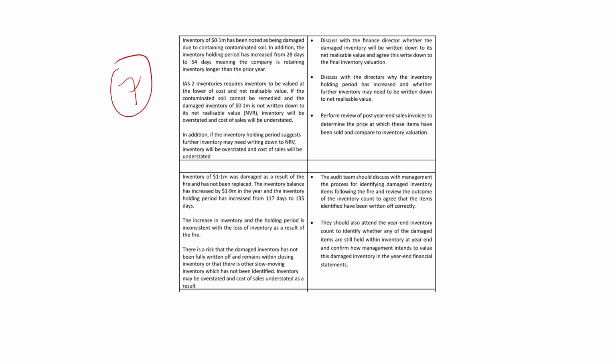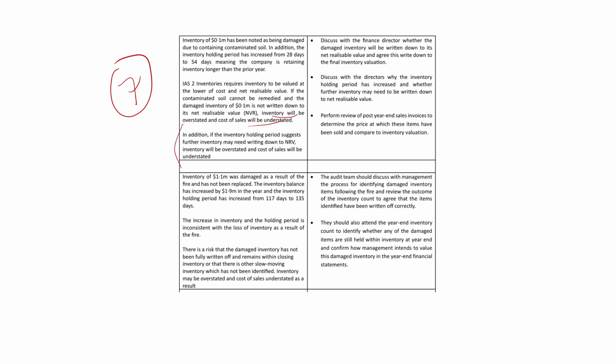In another example, this is again damaged inventory, and the holding period has gone up. So remember, with normal inventory, if you're keeping it for longer, there is a risk that your NRV might have gone down. If the client has not recorded this at the lower of cost and net realizable value, your inventory could be overstated.